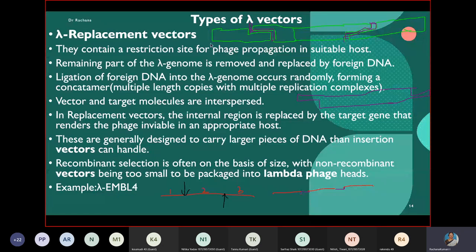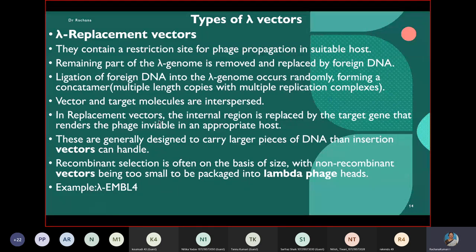Now the ligation of multiple DNA inserts will help in the formation of concatemers. That means a single cell or the single phage vector is not just having a single molecule of the foreign DNA, but it consists of more than one copy of the foreign DNA.